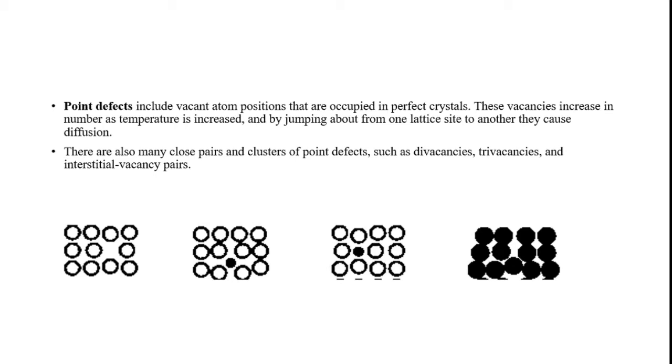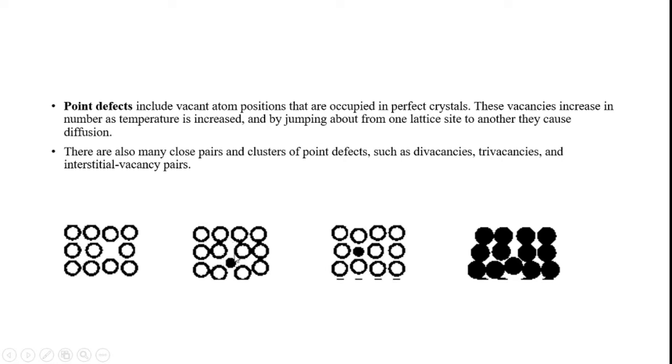There are also many close pairs and clusters of point defects, such as di-vacancies, tri-vacancies, and interstitial vacancy pairs. Here the second diagram shows the interstitial vacancy. Already I told you the types available with the crystal structure: interstitial and substitutional.